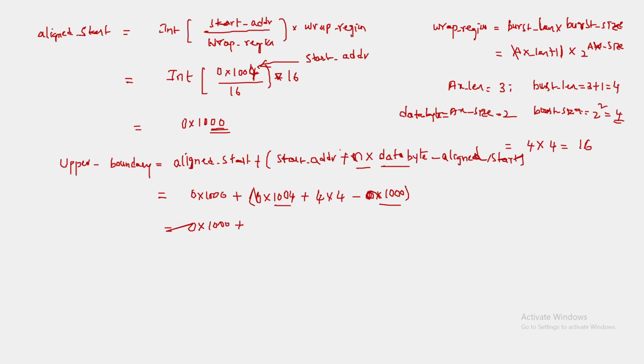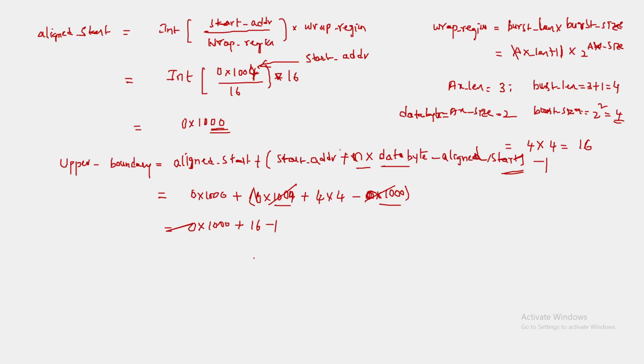This is also the start address, that means the aligned boundary, right? So this will also be considered 1000, and this 1000 is cancelled, and then 16 minus 1. That minus 1 we use to calculate the upper boundary. Whatever value we got, minus 1 we will consider, that is the upper boundary.